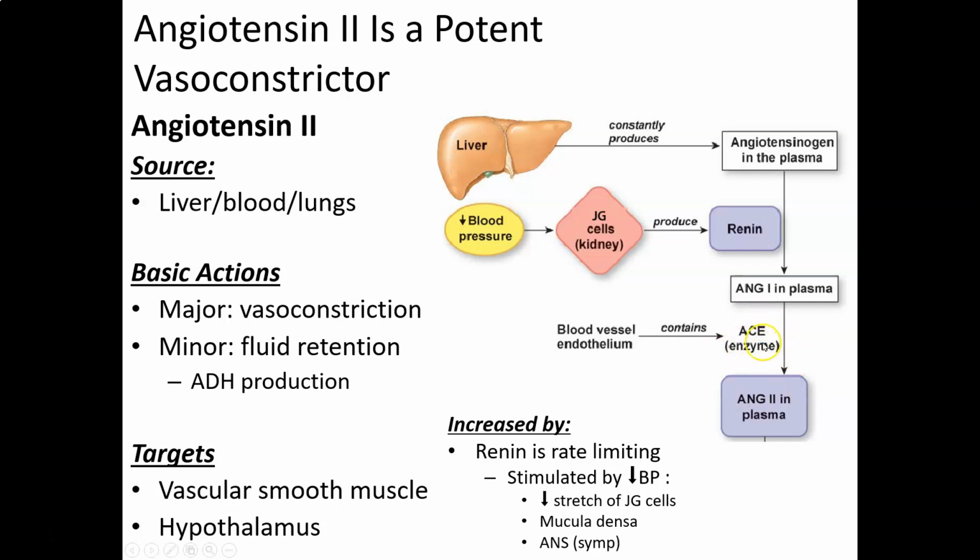And if we have less ACE enzyme, then we get less conversion of angiotensin 1 to angiotensin 2, which means that we have less constrictive effects, which means we lower blood pressure. In addition, there's not really widely available, but they're actually working on another type of blood pressure medication that would affect the release of renin from the juxtaglomerular cells instead of affecting the actual action of the enzyme, angiotensin converting enzyme.